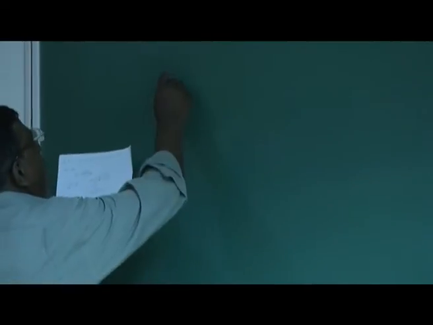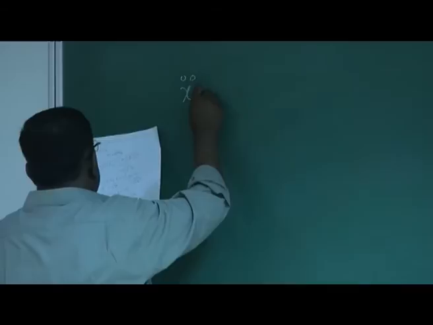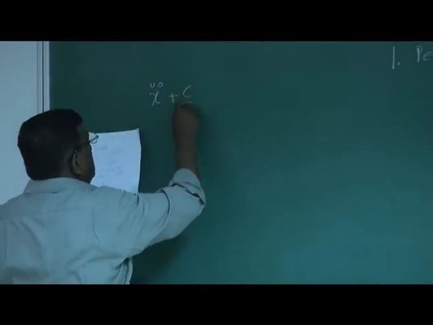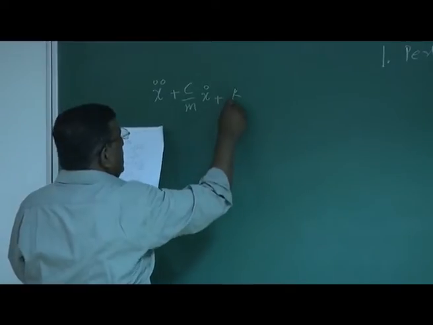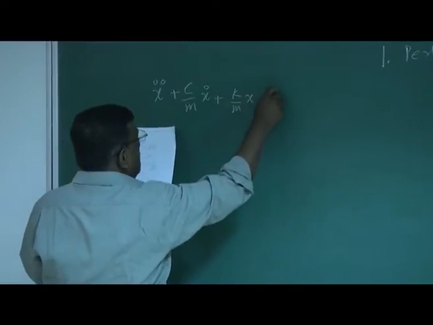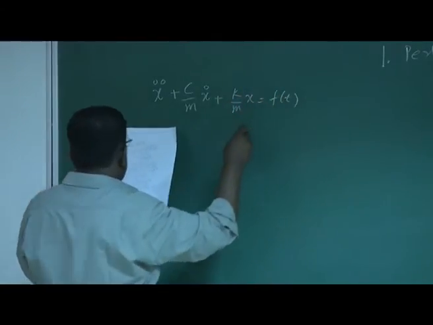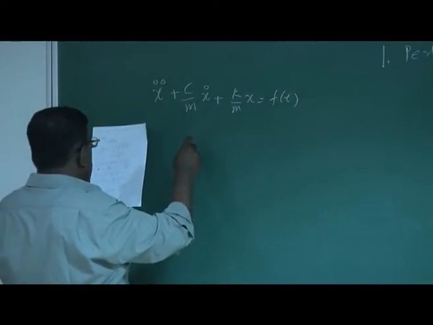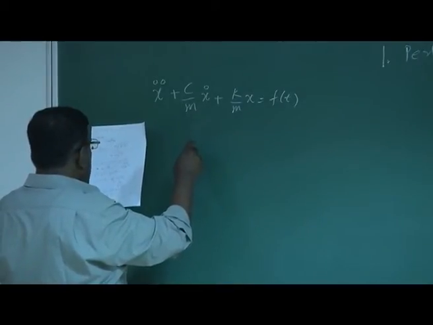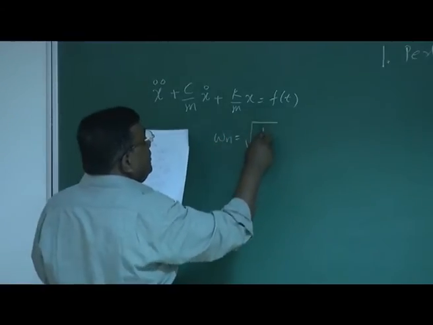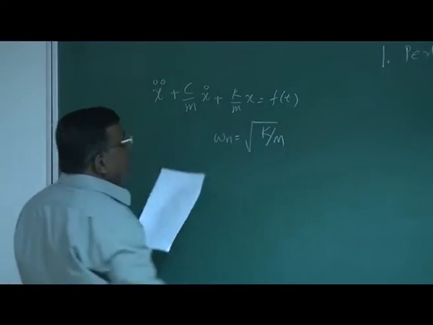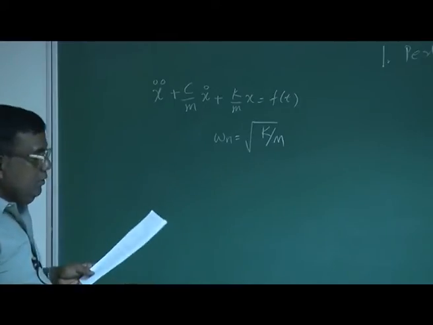So let's say we have the equation x double dot, which is d square x by dt square, plus c by m x dot plus k by m x equal to f of t. We know omega n equals under root k by m, which is the natural frequency, the frequency with damping 0.